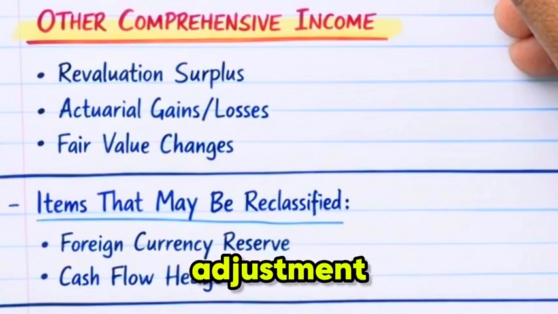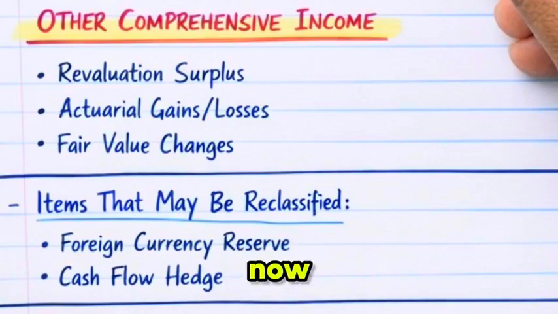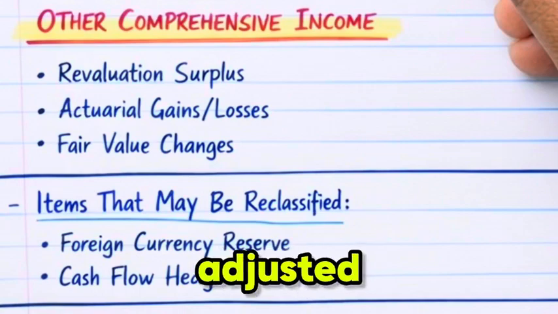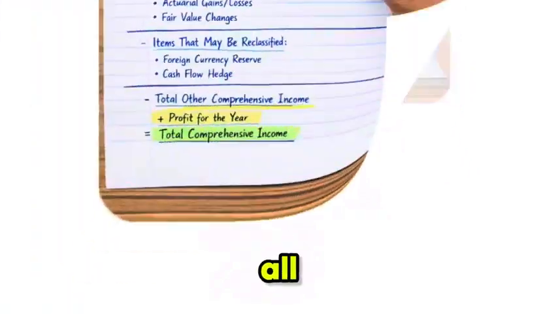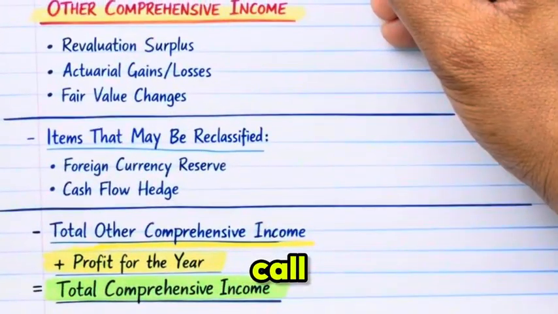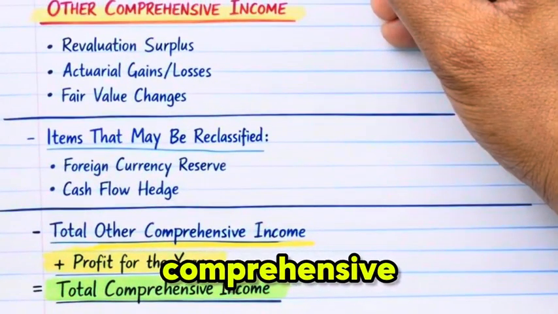So this adjustment will be done here. Good. Now, there are items that may be reclassified, like foreign currency reserve. They will be adjusted here. There's also cash flow hedge. This also will be adjusted here. When you do all of this, then you have what we call total other comprehensive income.